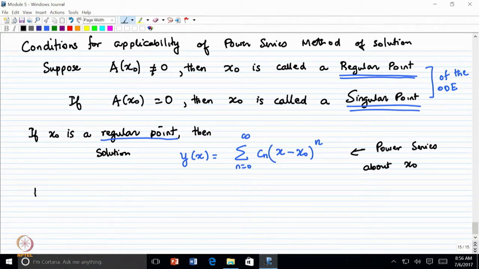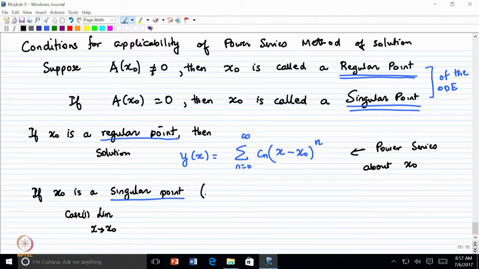Okay. Now, if x_0 is a singular point, there are two cases. So, the first case is the limit as x tends to x_0. So, if it is a singular point, then you have a(x_0) equal to 0.